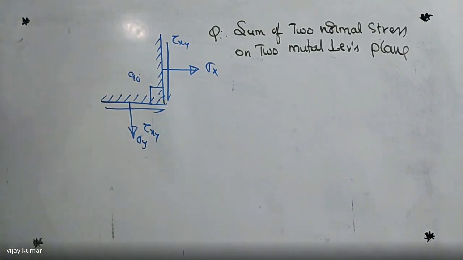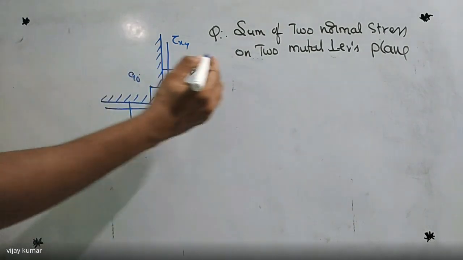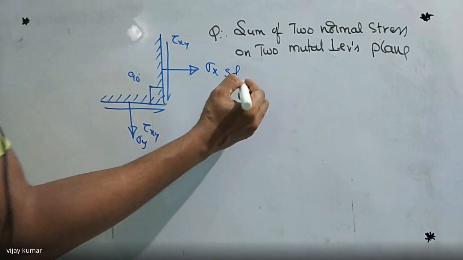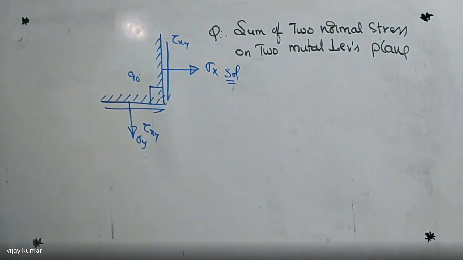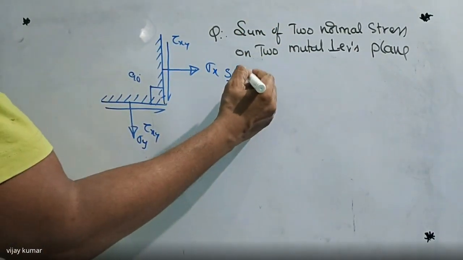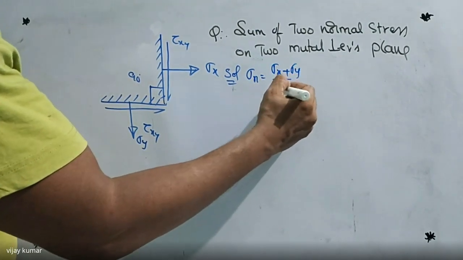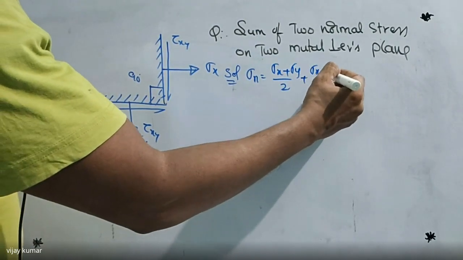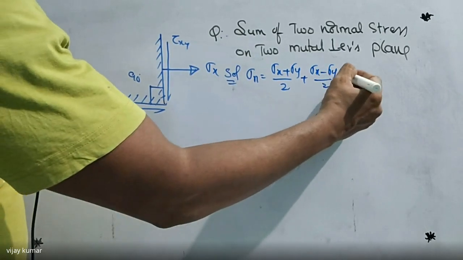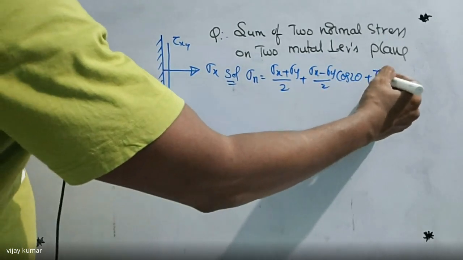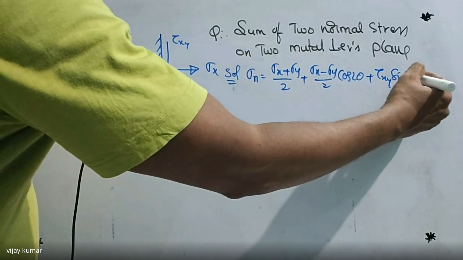So it also belongs to which case now? Biaxial and shear. In case of biaxial and shear, what is the normal stress formula? Normal stress is equal to sigma x plus sigma y by 2, plus sigma x minus sigma y by 2 into cos 2 theta, plus tau xy into sin 2 theta.